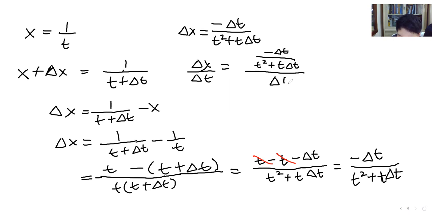So we can find the reciprocal of delta t, that's 1 over delta t, and then multiply it with this big fraction. So it will be negative.